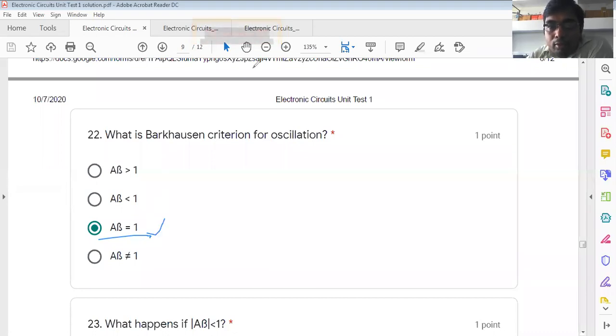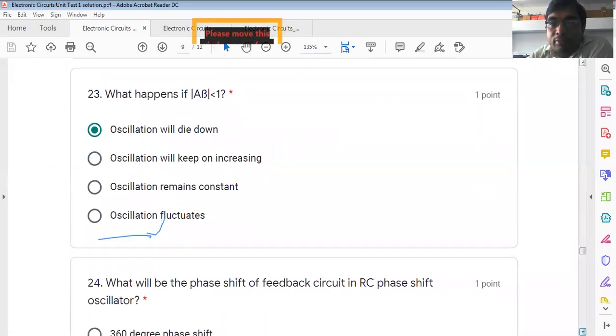Now come to the next question. What happens when mod of A beta is less than 1? I have discussed this condition. First, A beta equal to 1 means sustained oscillation.